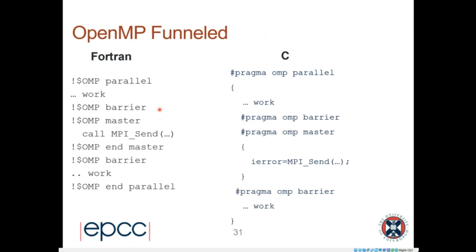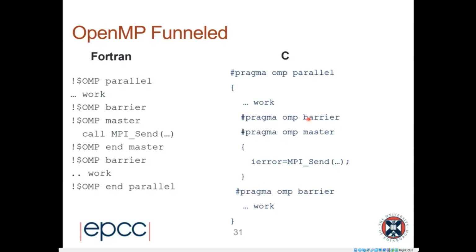Funneled is very similar. So OMP parallel creates lots of threads, okay? But if you have a send operation in the funneled, you have to do it only on the master thread. And there is a directive in OpenMP that says #pragma omp master, only do this on the master thread, okay? Which is thread 0. However, you're saying #pragma omp master, ierror equals MPI send.